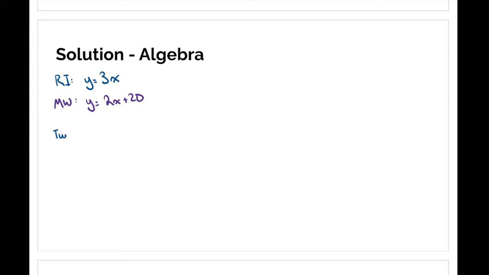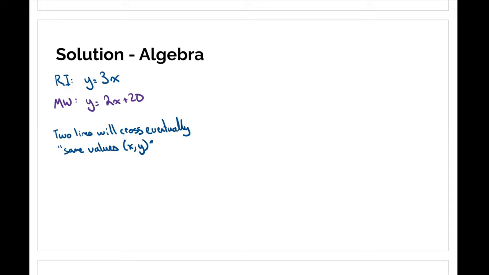So we know that these two lines will cross eventually, or in other words, when they cross, it means the same thing as saying they have the same values of x and y. So if they have the same values of x and y, that means their y values will be equal and their x values will be equal.